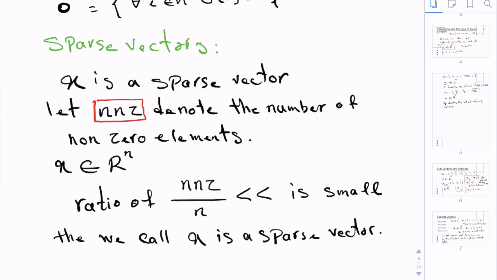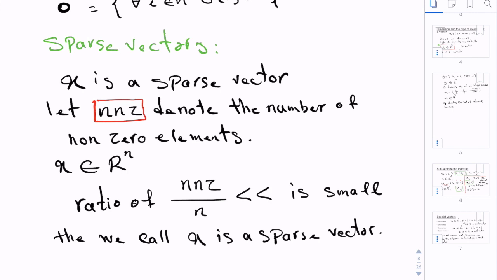For instance, if you have a dictionary of 1 million words and a text of 200 words, many of the elements of that dictionary vector are zero. So this is a sparse vector.